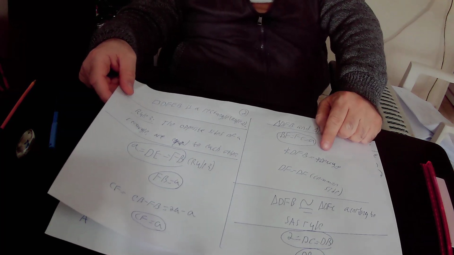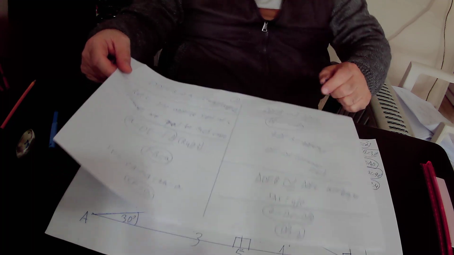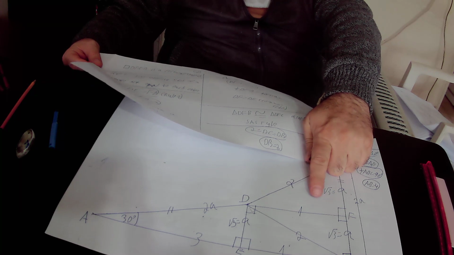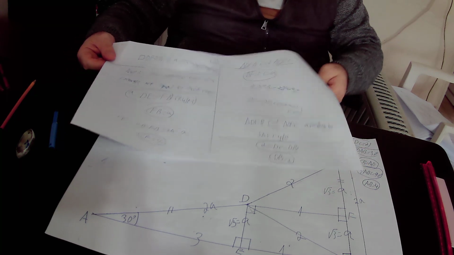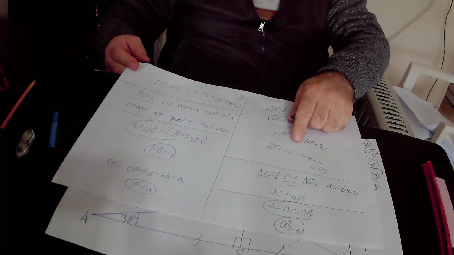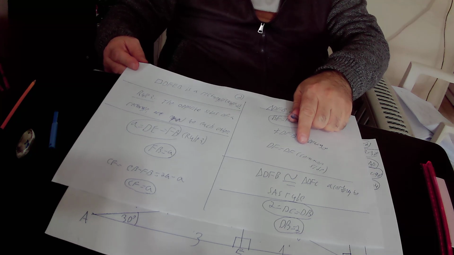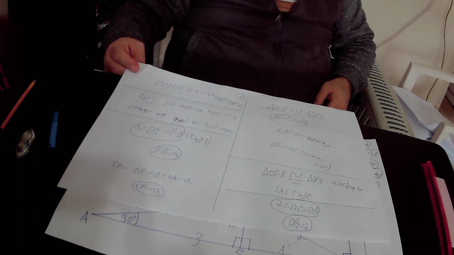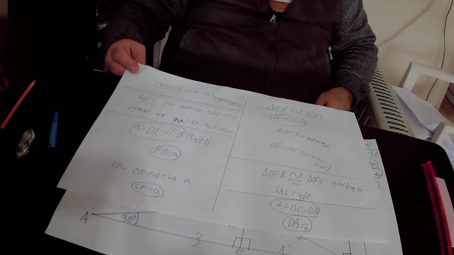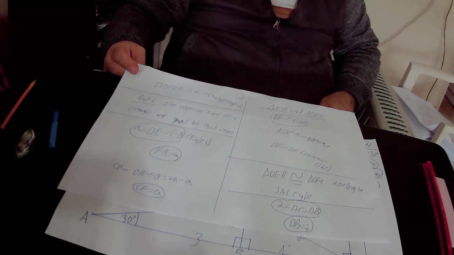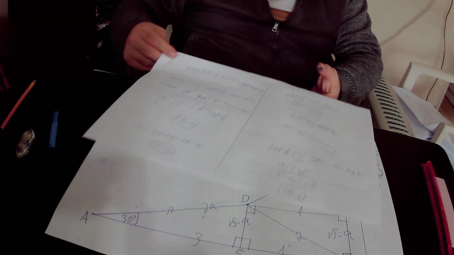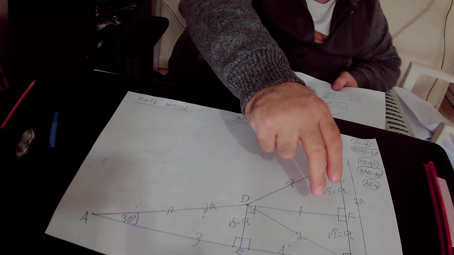Angle BFD equals angle DFC equals 90 degrees. And we also have a common side. DF is a common side that belongs to both triangles. So we proved that triangle DFB can go into triangle DFC according to the side angle side rule.